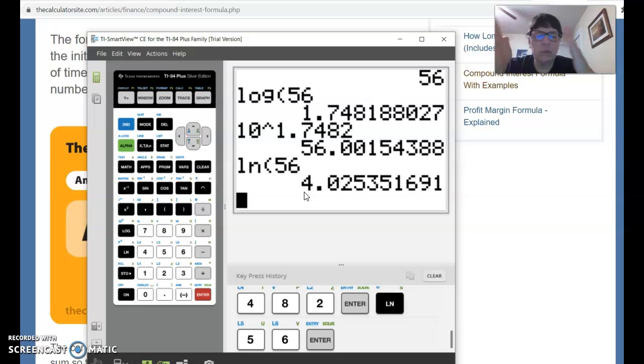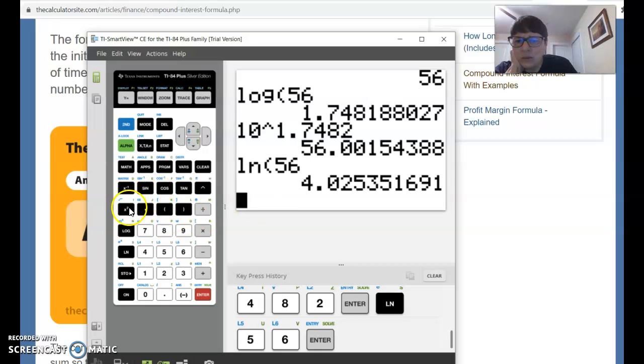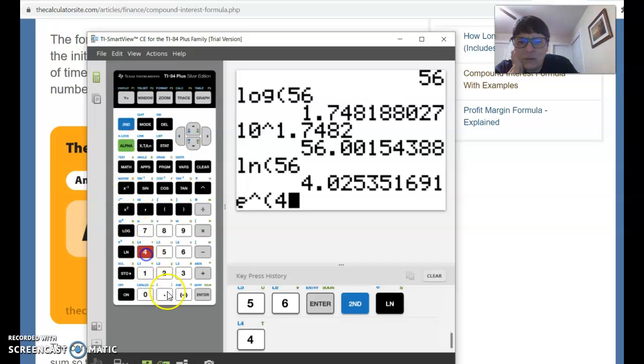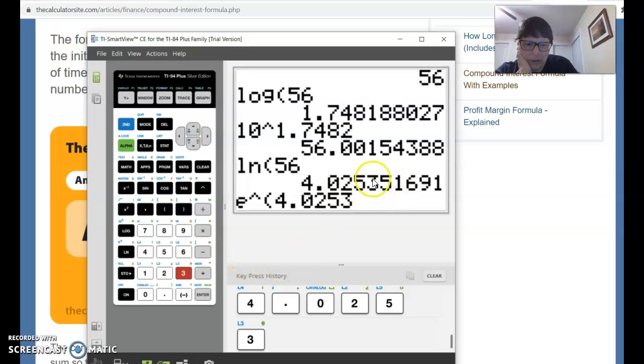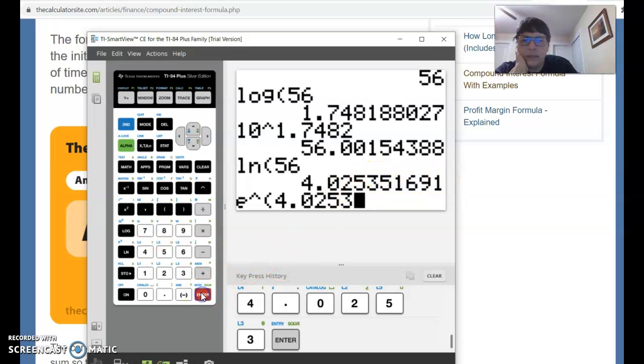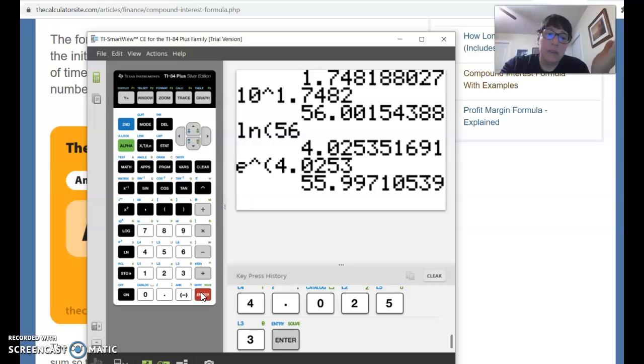So you can see that 56 is between 16 and 81. So E, second E, raised to the 4.0253. Okay, this is going to be a number a little bit less because I'm chopping off. Enter. But it's pretty close to 56, isn't it?